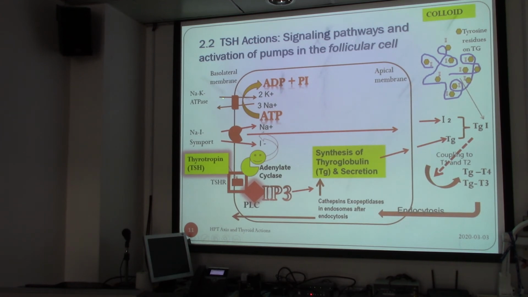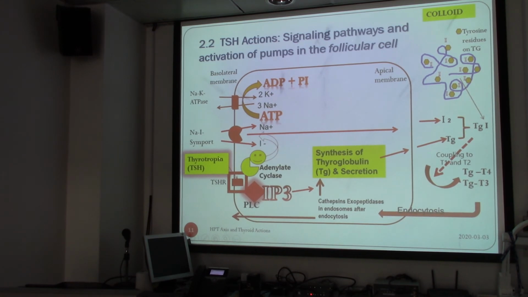And then another important membrane protein, of course, is sodium potassium ATPase, which is to remove sodium and balance back with potassium, removing the extra sodium out from the cell.